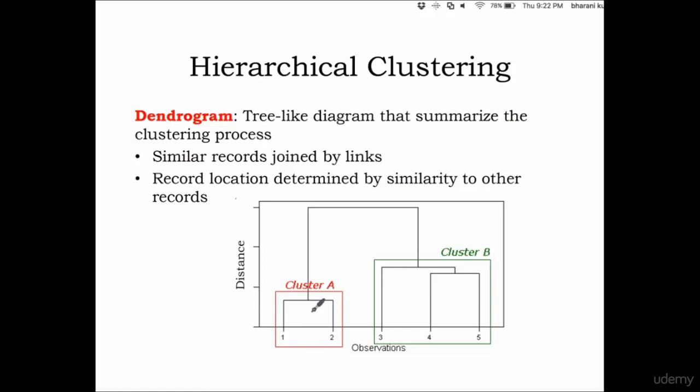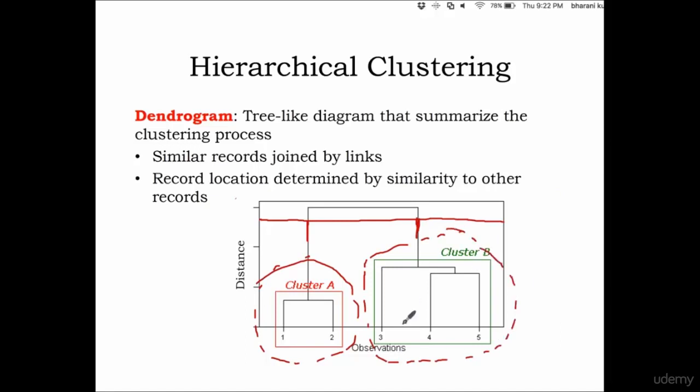So if you look at this cluster dendrogram and try to cut it here, as if you hold this with a thread, how many clusters do we have? This is one cluster, and this is another cluster.